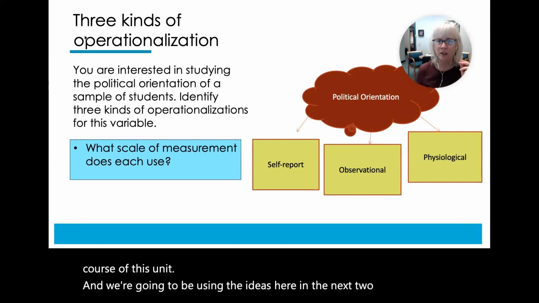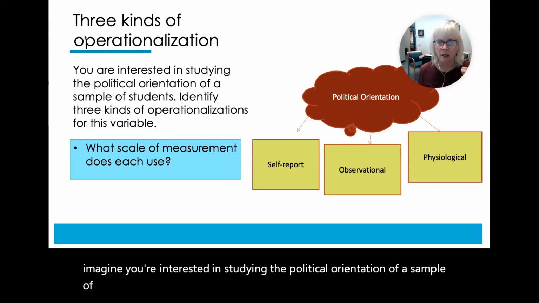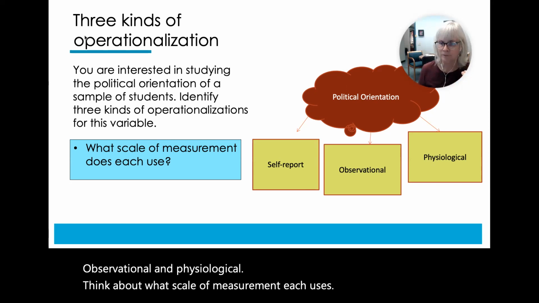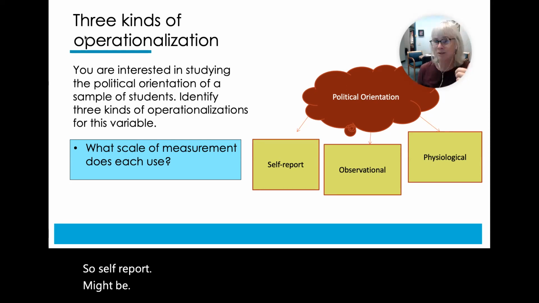So imagine you're interested in studying the political orientation of a sample of students. Think about 3 different operationalizations for these variables: self-report, observational, and physiological. Think about what scale of measurement each uses. So self-report might be just asking people, who did you vote for?